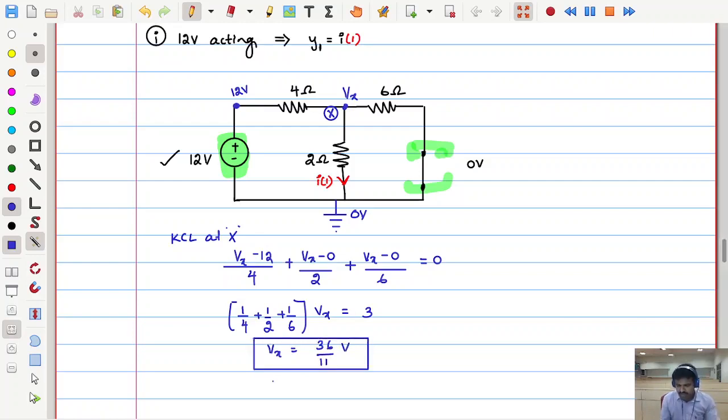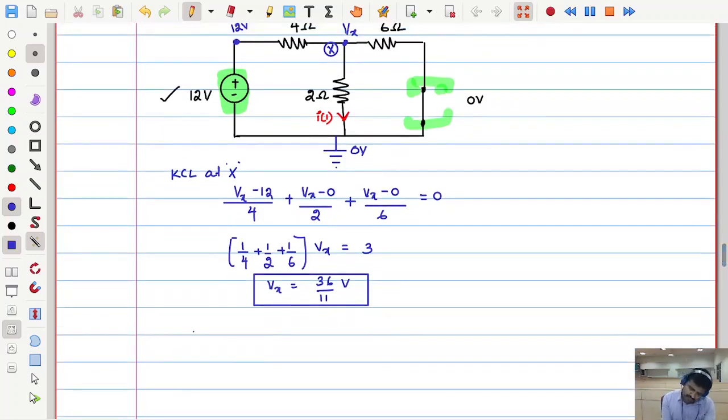But this is not what I need. I am using nodal analysis in between the superposition theorem to get some value. What is that value? The current. So can I say now what I of 1 is? I of 1 is (Vx minus 0) by 2. Just for that purpose I used this section.